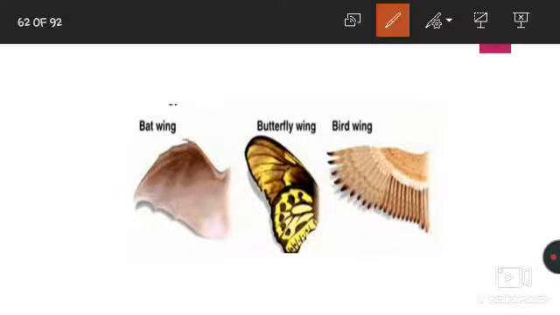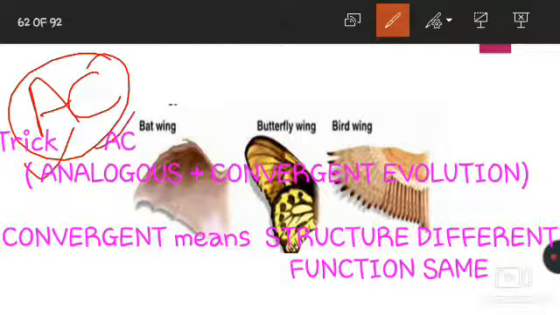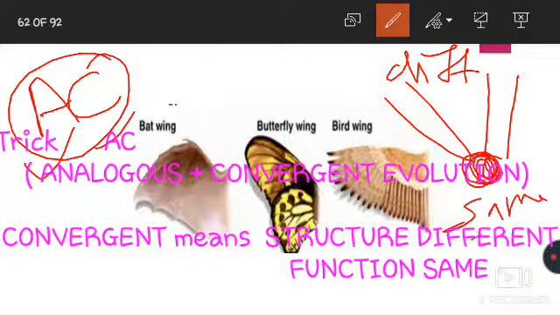And the trick is AC. That means A for analogous structure, C for convergent evolution. Convergent evolution means structure is different but function is same.